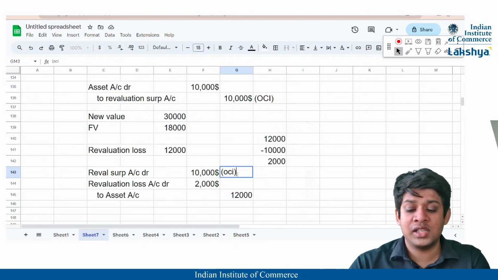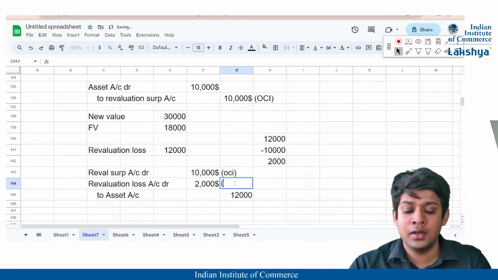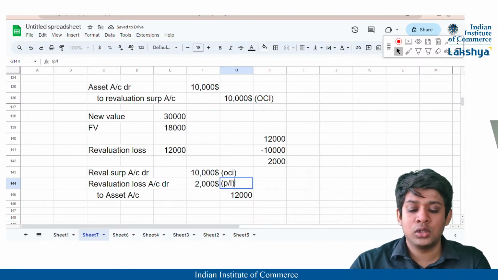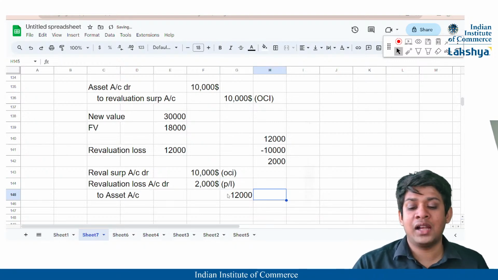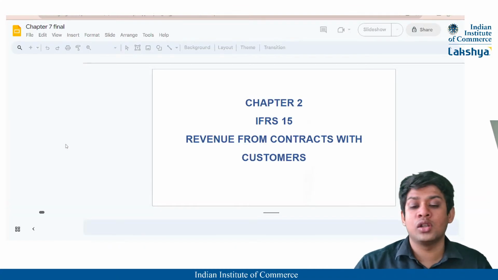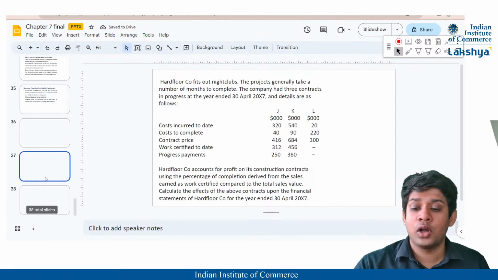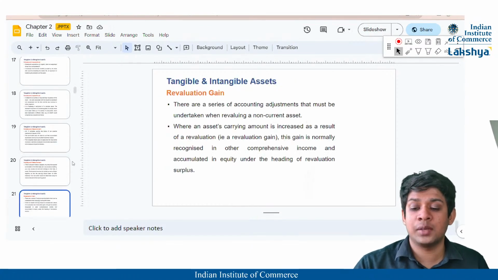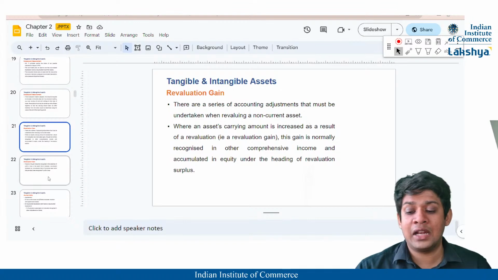So technically from my OCI, 10,000 will be deducted. In my P&L, 2,000 will be charged as a loss, and my asset value will go down by $12,000. So that was all the concept that we need to understand for a revaluation.